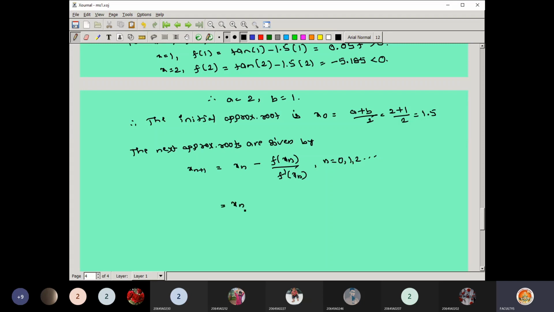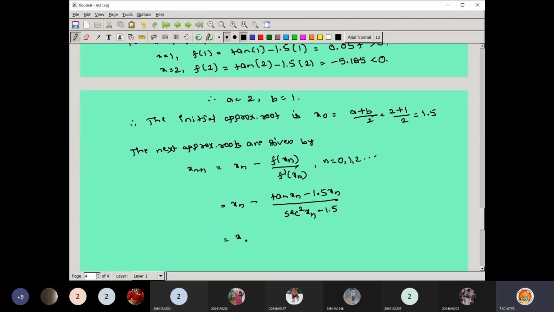So clearly it is x n minus f of x n, where you write the same given function with x replaced by x n. So it is tan x n minus 1.5 x n, divided by f dash, the derivative of your given function. What is the tan derivative? Secant square.